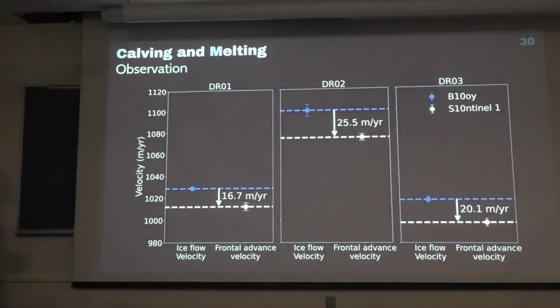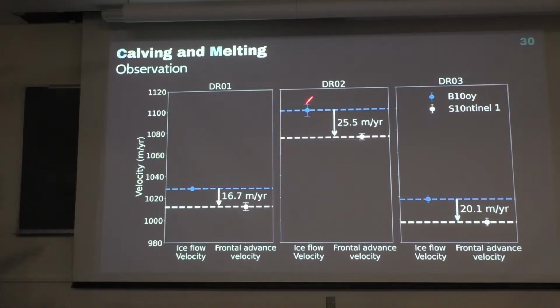And so now we have both the speed at which the front is moving and the speed at which the ice is moving, which is in blue for the speed of the ice, and in white for the speed of the front.